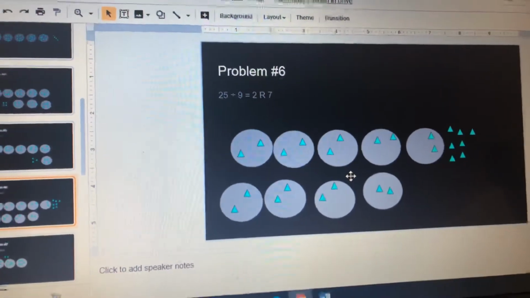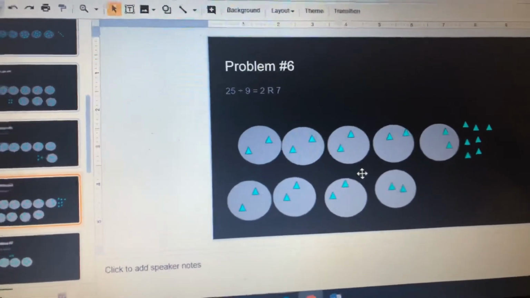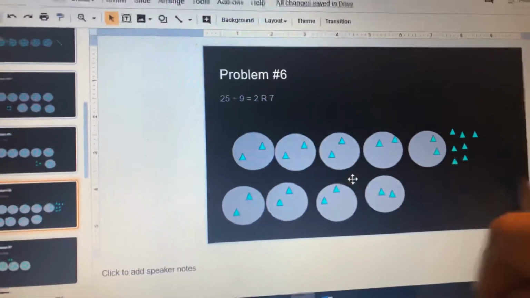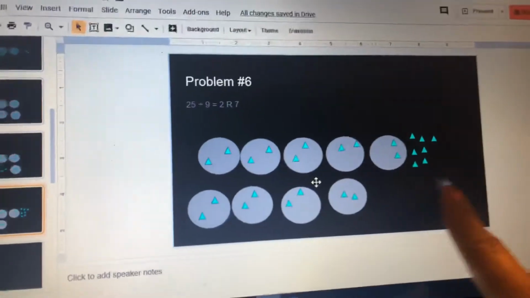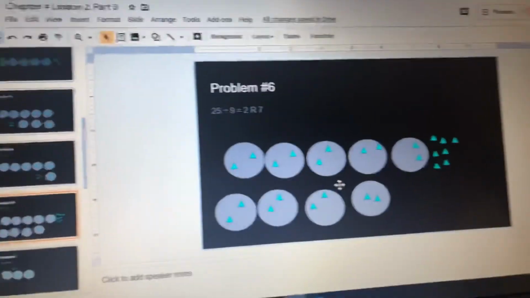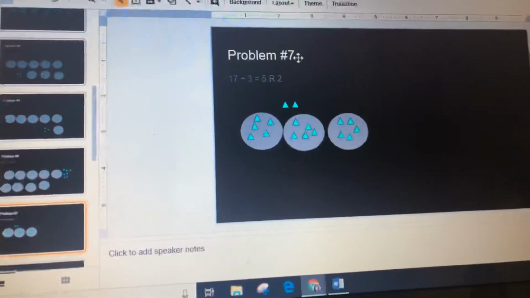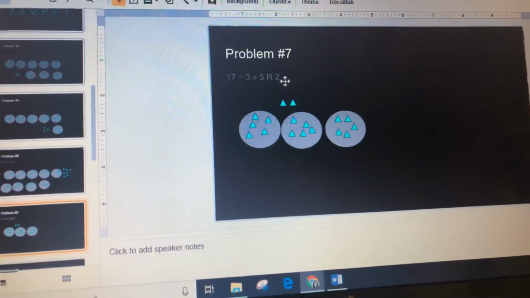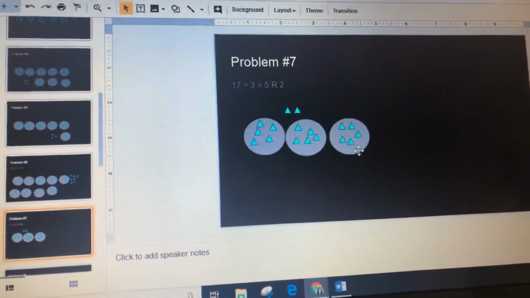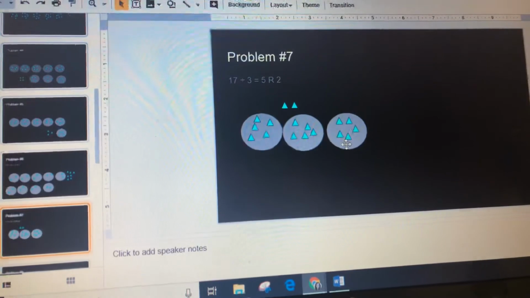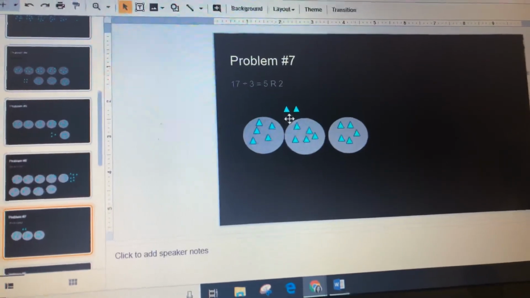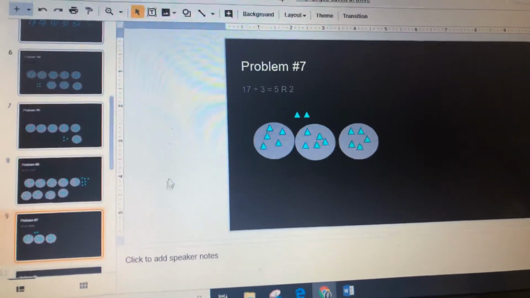The next one was 25 divided by 9. You should have 2 in each circle with a remainder of 7. Okay, and then 17 divided by 3 should be 5, remainder 2. Okay, 3 circles, 2 outside with 5 in each circle.